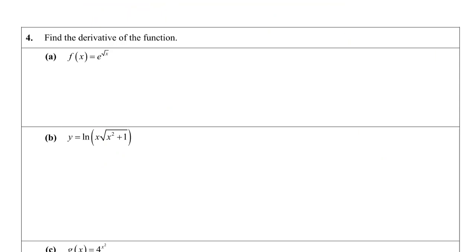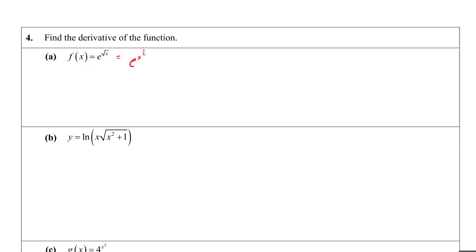All right, let's take a look at some maybe nastier looking ones. f of x is e to the radical x. Maybe I want to look at this instead as f of x equals e to the x to the 1/2. Okay, I don't like how that looks. Hold on. E to the x to the 1/2.